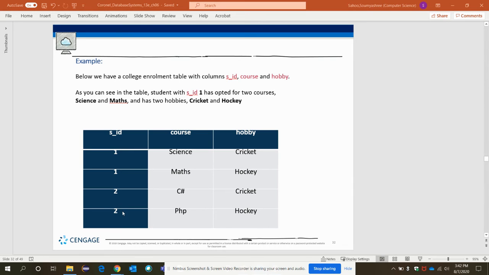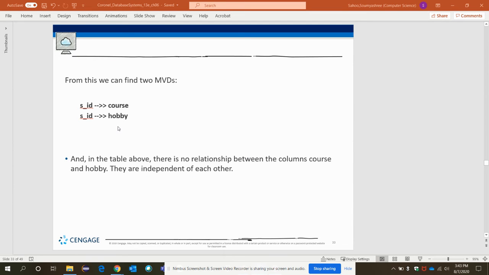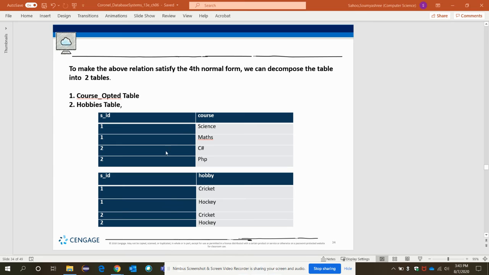To make the relation satisfy the fourth normal form, we need to decompose it into two tables. How to decompose it? Where there are multi-value dependencies, based on that we can divide our table. So I can divide it into SID course and SID hobby, because SID determines course and SID determines hobby.